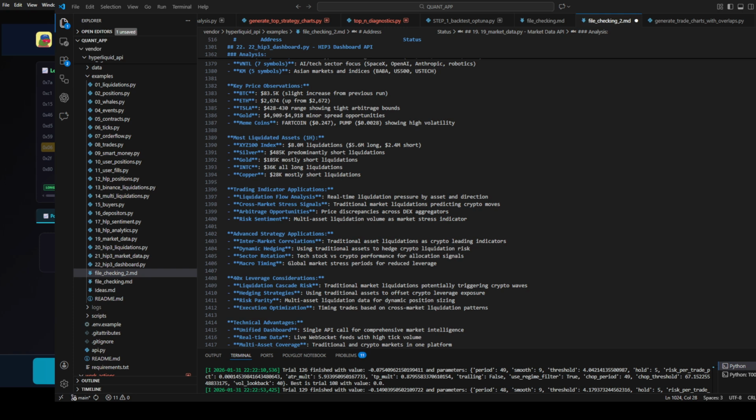liquidation flow analysis, real-time liquidation pressure by asset and direction. So this has come up quite a few times too. Cross-market stress signals, traditional market liquidations predicting crypto moves, also been said a few times. Arbitrage, also been said, price discrepancies across DEX aggregators. Risk sentiment, multi-asset liquidation volume as a market stress indicator.